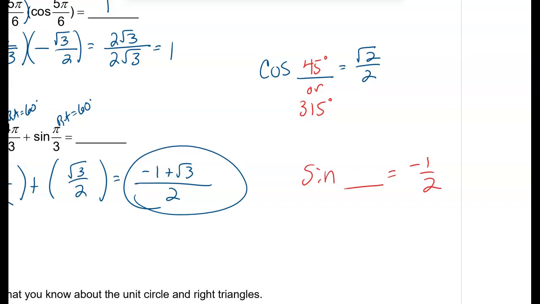When is sine equal to 1/2? When we have a 30 reference angle, right? So we know that everything's going to deal with 30. So if you're in degrees, that's either going to be a 210 or a 330. Are you guys with me on that? So that's either 210 or a 330.